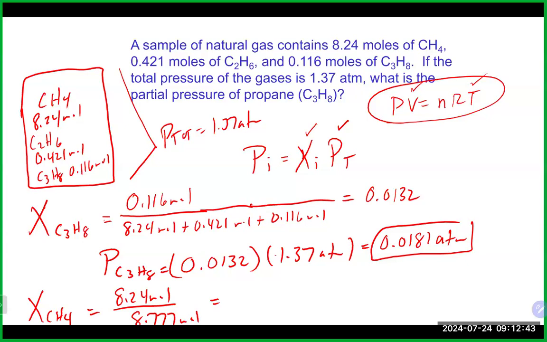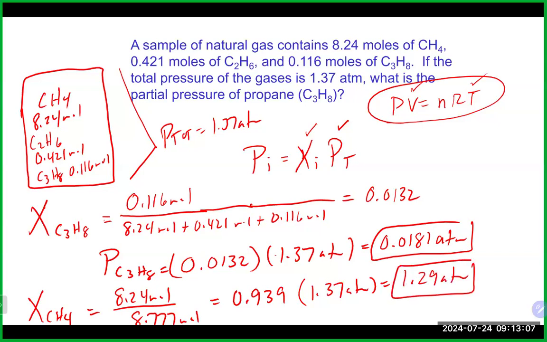So 8.24 divided by 8.777 is 0.939, which we then can multiply by the total pressure. And in this case, we will end up with about 1.29 atmospheres, right? And obviously at this point, you can do the same thing for ethane, or you could add the 1.29 and the 0.0181 and subtract it from the 1.37, and you'll get like 0.06 atmospheres for the other gases present.